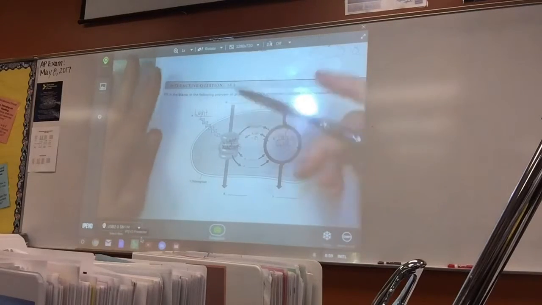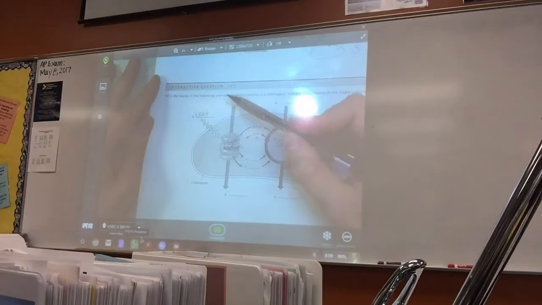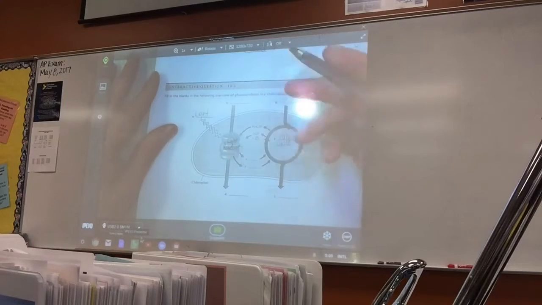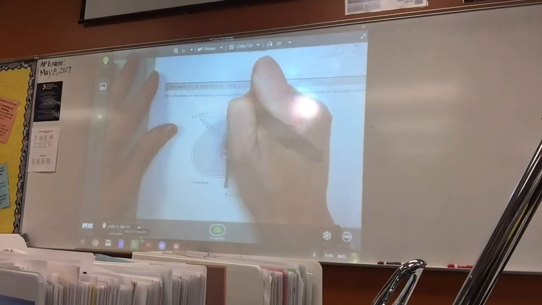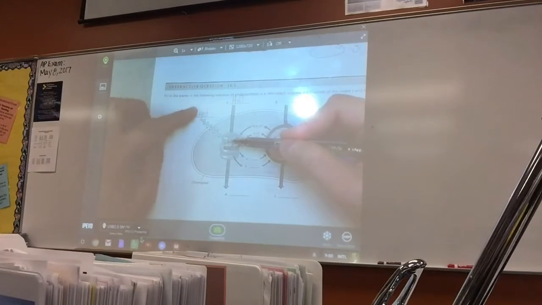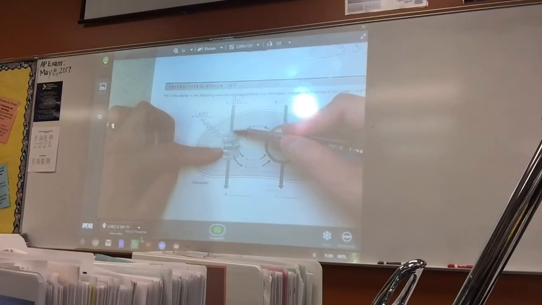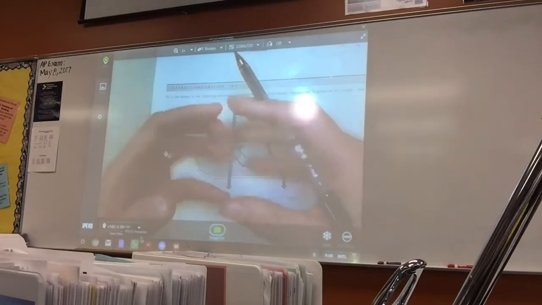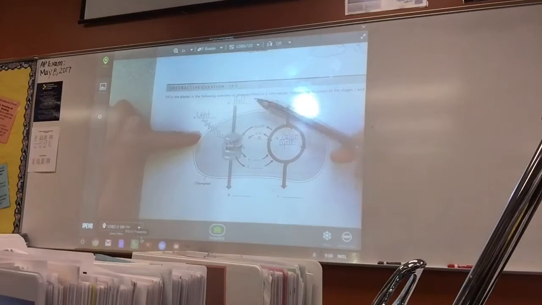H2O, right? Which one of those, we already have light, is it CO2 or H2O that is used in the light reaction? Hannah? Water. So we have H2O here. And remember that the energy from the light is going to split water into its respective elements. And so we have hydrogen and oxygen here.